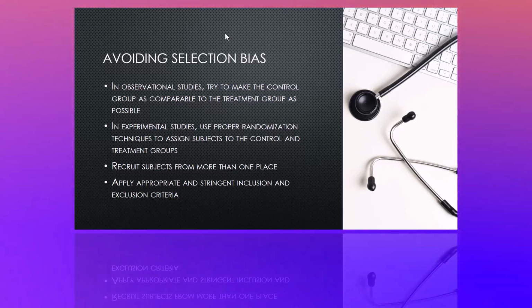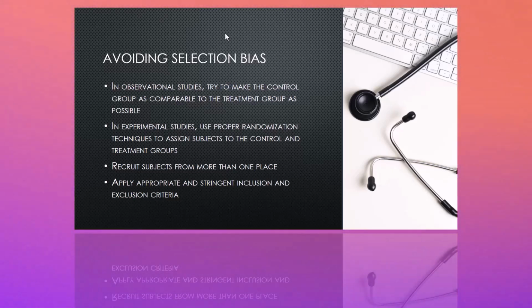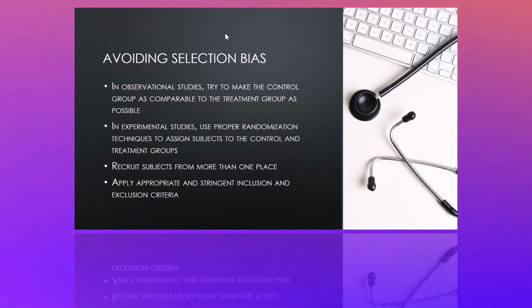In experimental studies, where there is an intervention, we need to use proper randomization techniques. Now, as you are critically evaluating your research articles, you're going to look and evaluate what randomization techniques were used. Were they proper and appropriate, or do they add bias to the research?